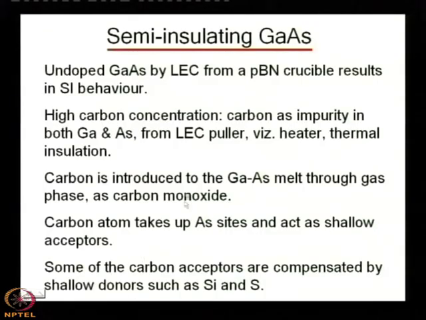Now, this is the source of carbon, and the carbon atom inside gallium arsenide takes up arsenic sites and acts as a shallow acceptor. So what will happen? There is a gallium arsenide crystal and carbon will occupy the arsenic sites and act as a shallow acceptor.